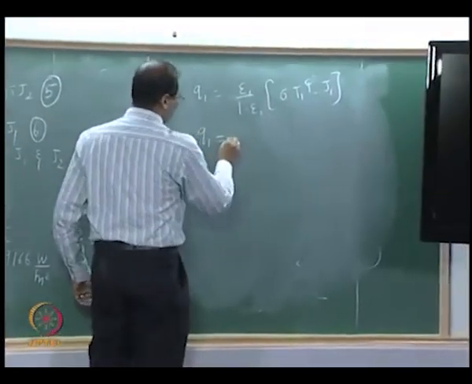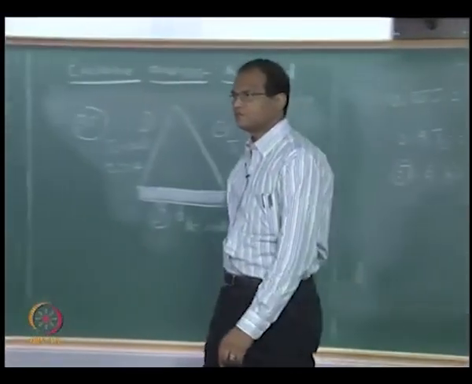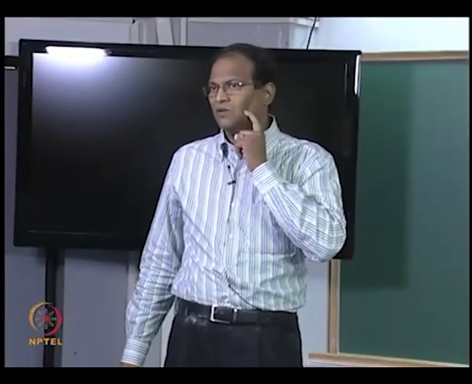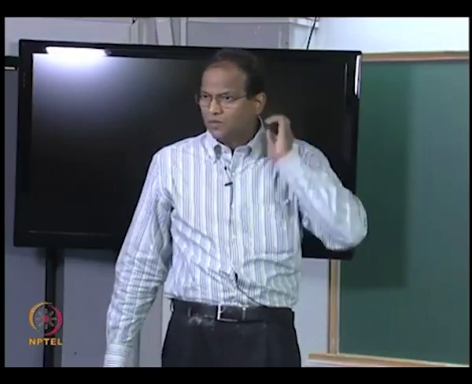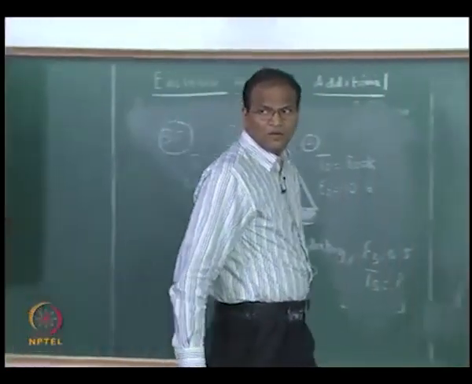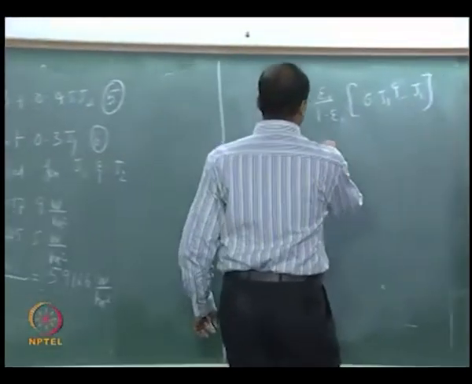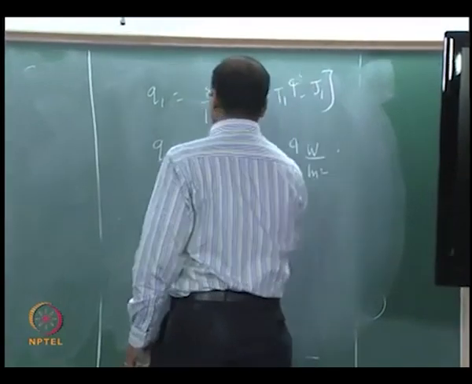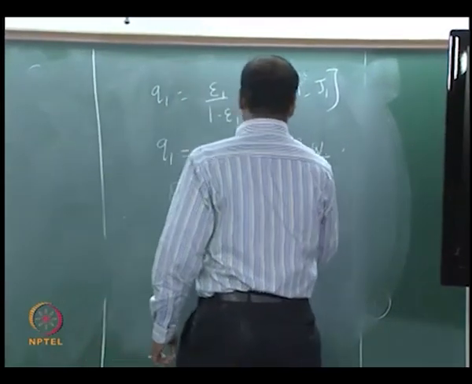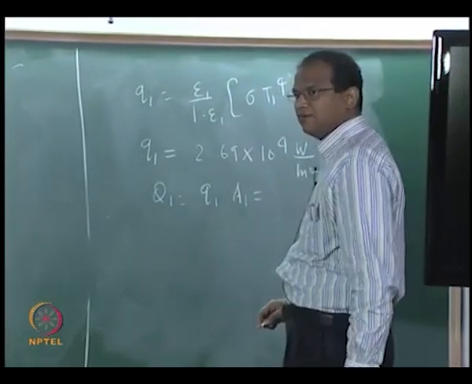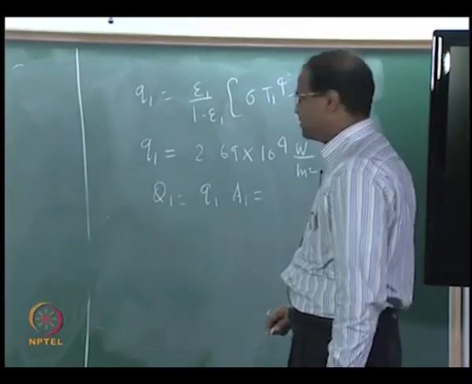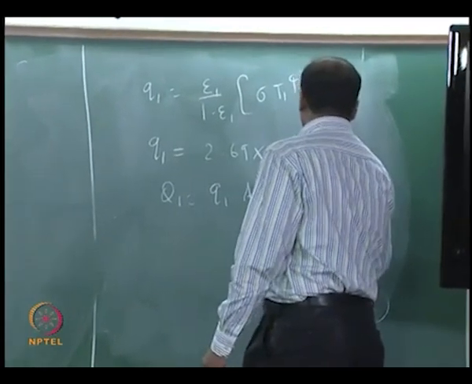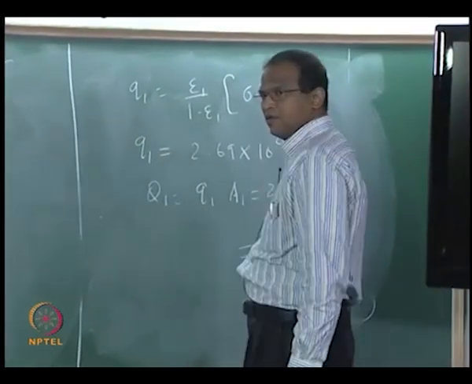Q1, in watts per meter square. This must be multiplied by 1.5, since it is 1 into 1.5 meters wide, isn't it? Four point.